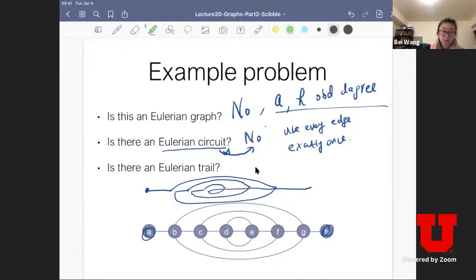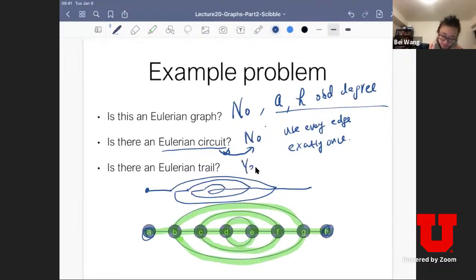Now, if I'm doing it slowly on the original graph, where is this Eulerian trail? A to B, B to G, G back to B, to C, to F, back to C, to D, to E, back to D, and then all the way to H. Okay. So the answer for this question is yes.